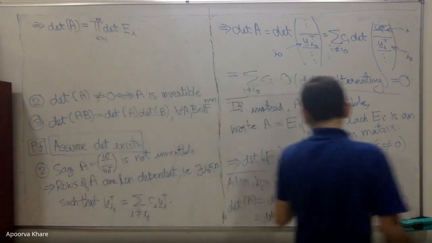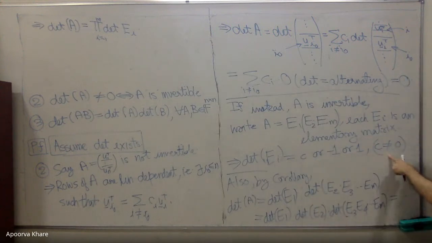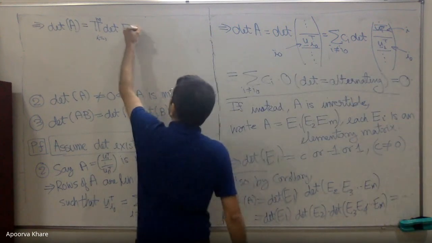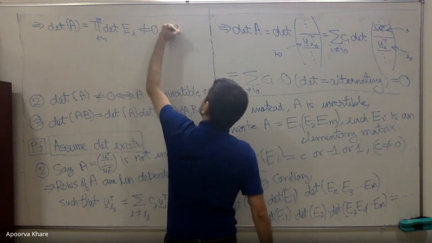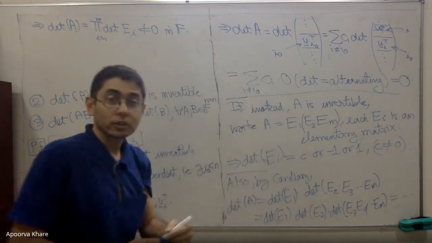But each of those determinants was non-zero in the field. Therefore, the product is non-zero. And so that's what we wanted to prove.